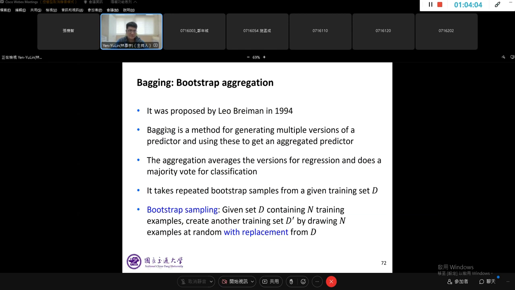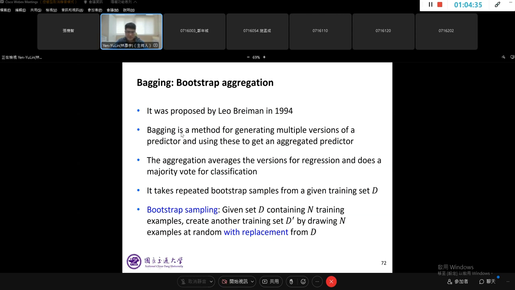First of all, let's consider bagging. Bagging is the abbreviation of bootstrapped aggregation. I'm going to specify the meaning of bootstrapping later. This algorithm was invented by a famous researcher, Leo Breiman, in year 1994.